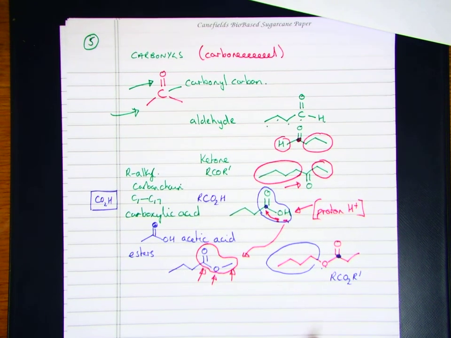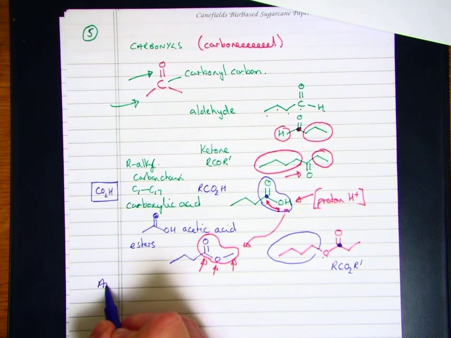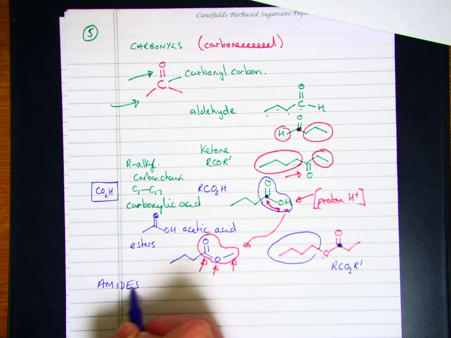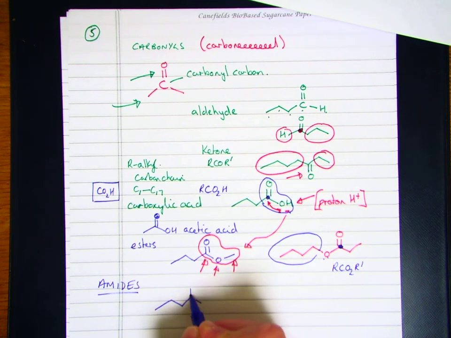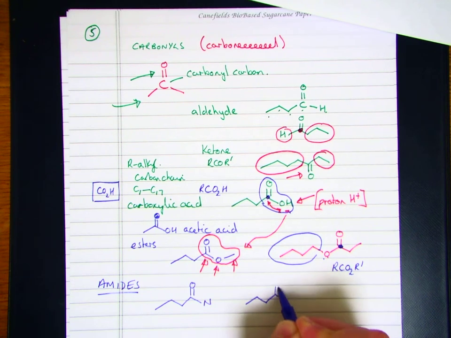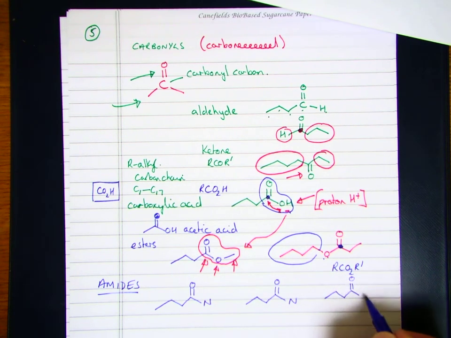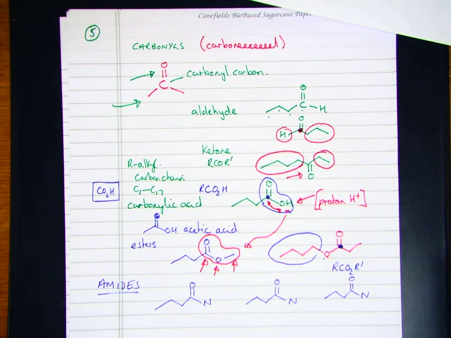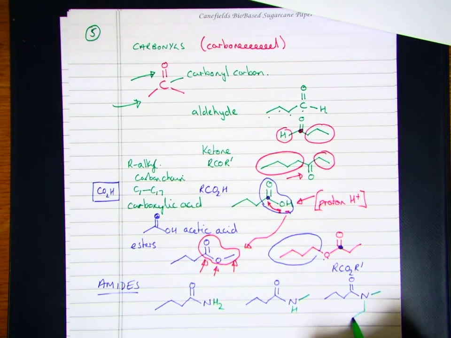So we have esters. Now, moving on from esters, we're going to have amides. And amides are different to amines in the fact that we are part of a carbonyl center. So we have a carbonyl with a nitrogen, carbonyl with a nitrogen, carbonyl with a nitrogen. These are amides. And then guess what? We can either have two hydrogens or one hydrogen and a chain or two chains.